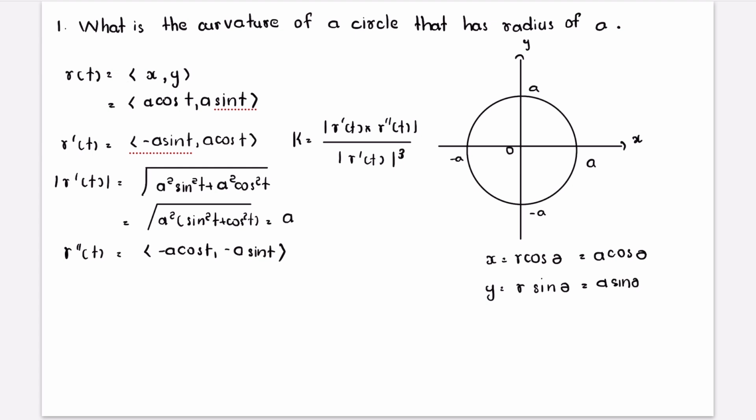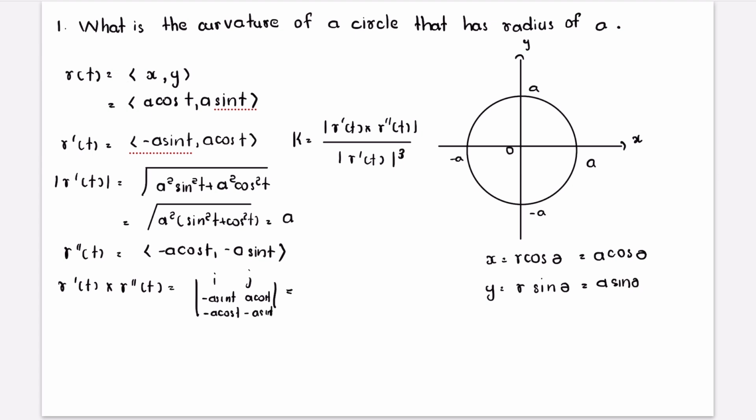Then we need to do this, right? Since this is a vector product, it is just like this, i and j and k, minus a sin t, a cos t, and minus a cos t, minus a sin t.